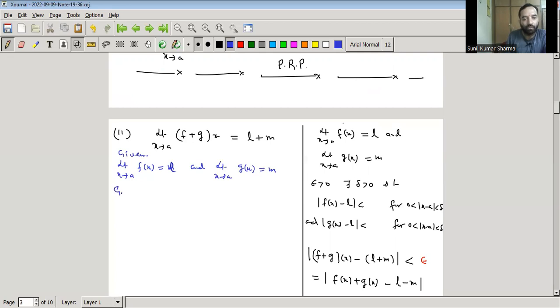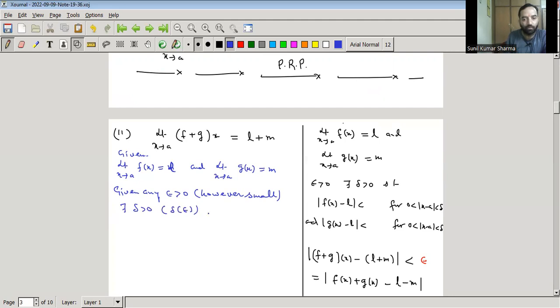So given any epsilon greater than 0, however small, there exists delta greater than 0.